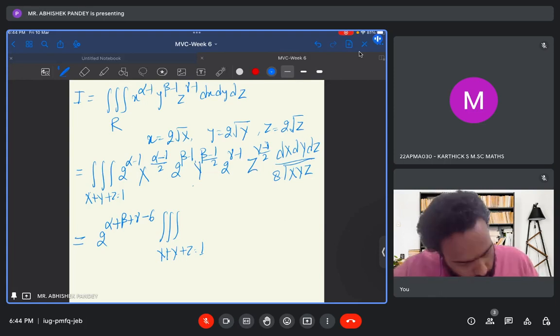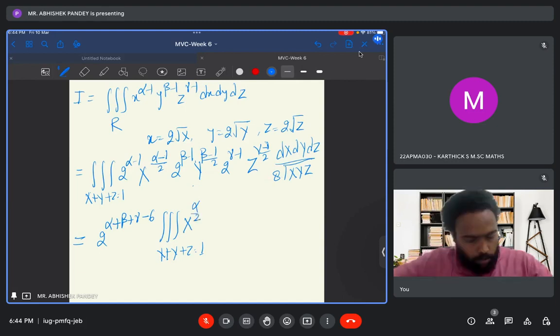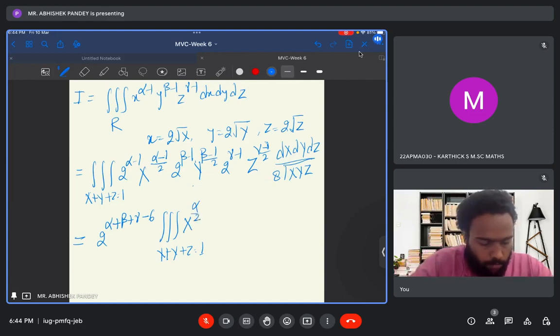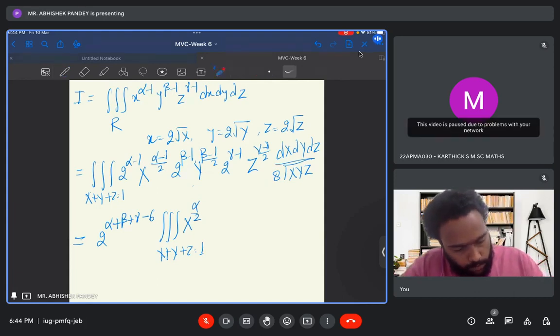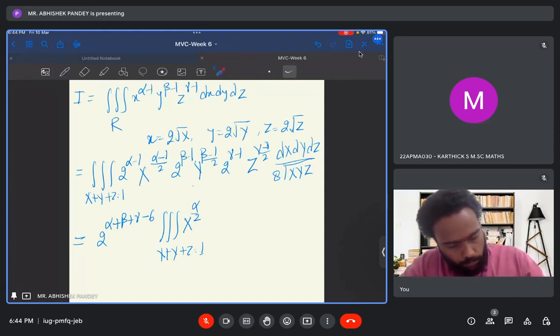So this will become now x to the power alpha by 2 minus 1 by 2, and this is x to the power 1 by 2. Then if this goes above, this will be alpha by 2 minus 1.